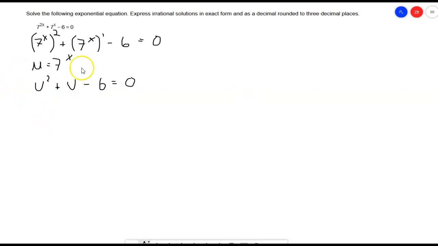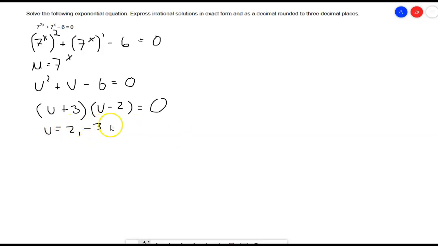And just remember, whenever we make a substitution, we have to do the reverse substitution at the end. So this factors pretty nicely for us into u plus 3 times u minus 2 is equal to 0. And that means that we're going to have u is equal to 2 and negative 3.